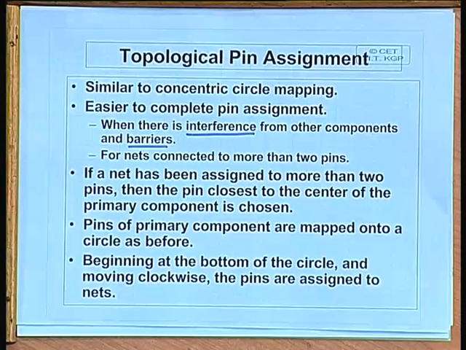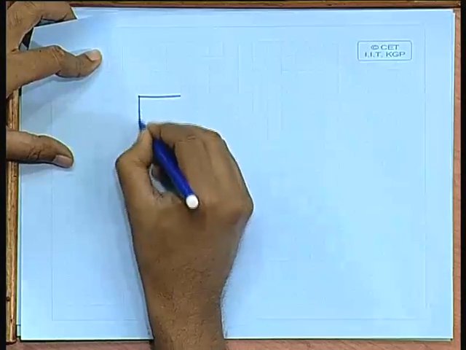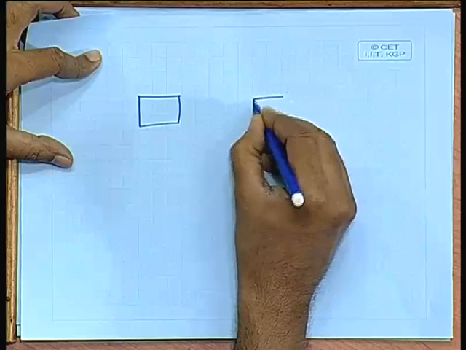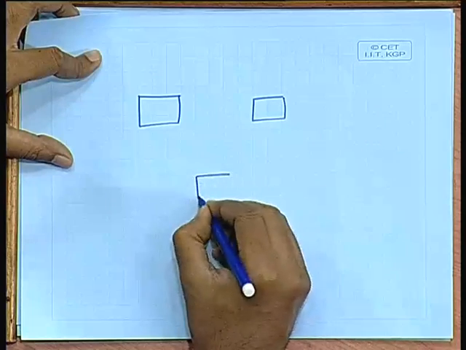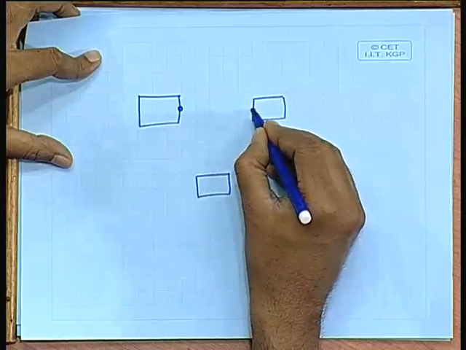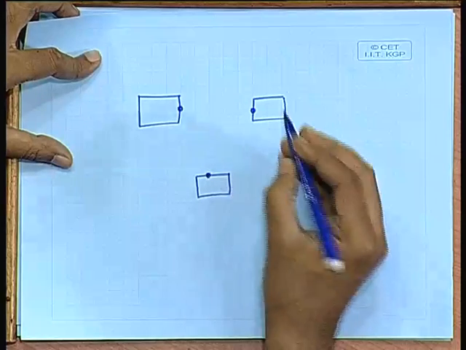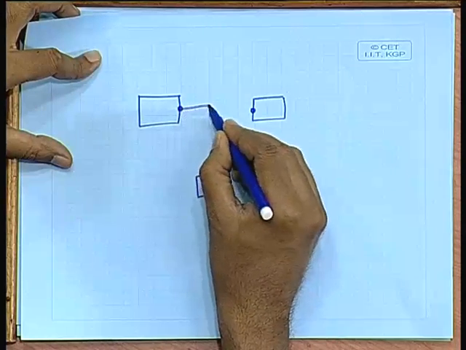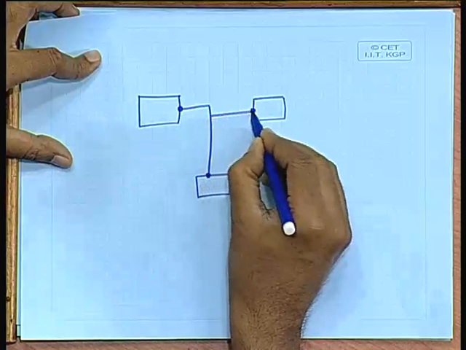So, the idea is like this. Suppose you have 3 blocks, and this method also takes care of nets which can connect more than one point. Suppose there is a net like this which must connect 3 points.